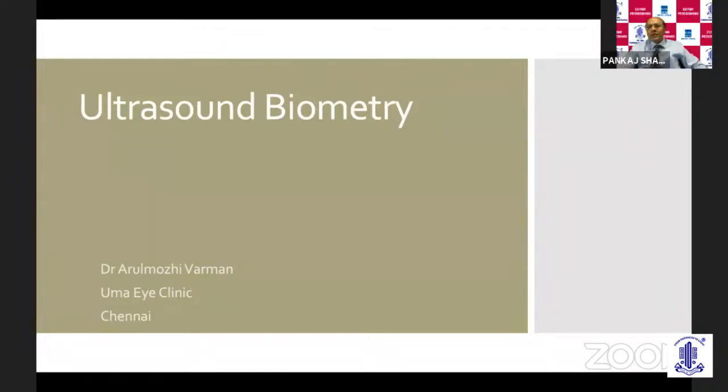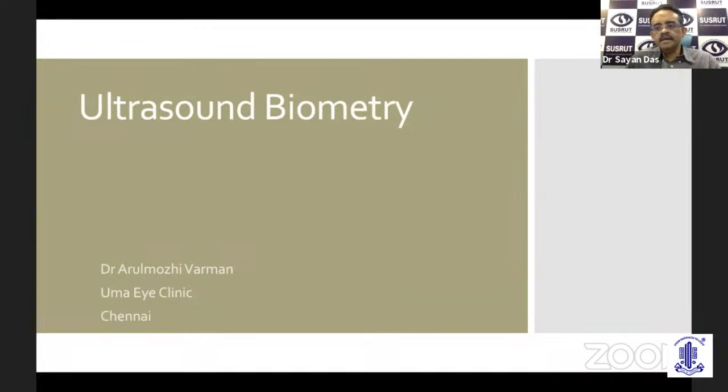The aberrometers give us two values basically. It gives us the total RMS value and the higher order RMS value. Now, what we take as a guideline is if the higher order RMS value is more than 0.3 microns, we take it that the patient has aberrations beyond the normal limits, and it cannot usually be corrected by the regular refractive means.